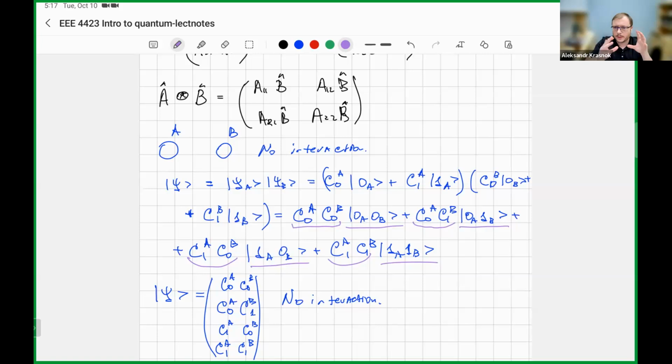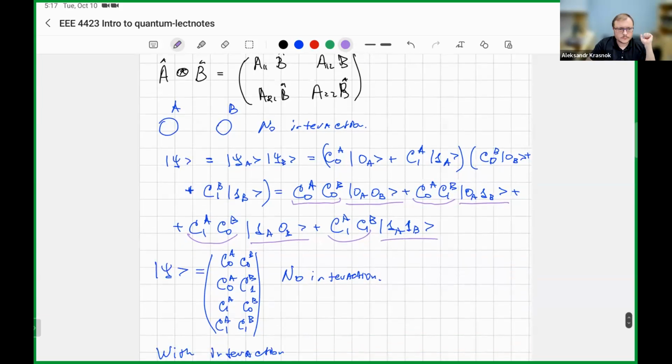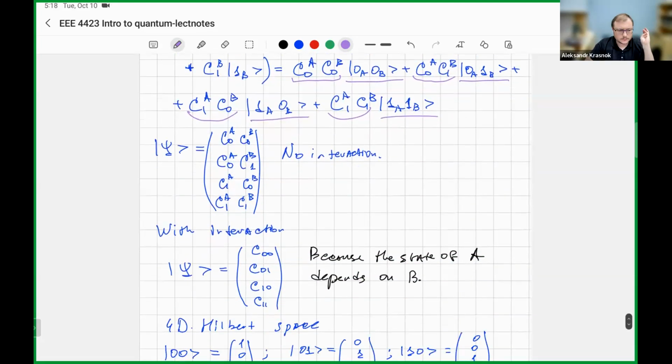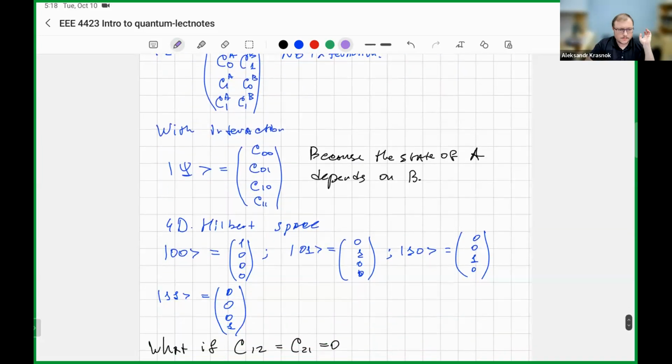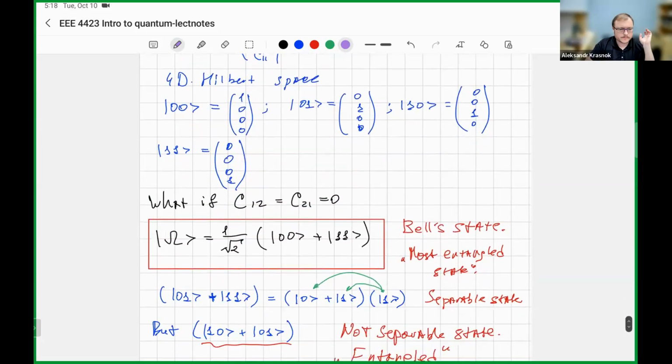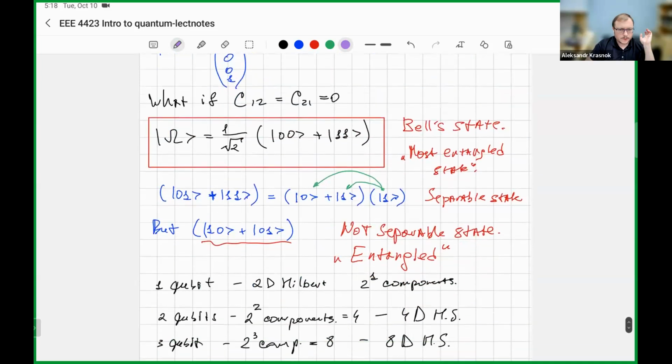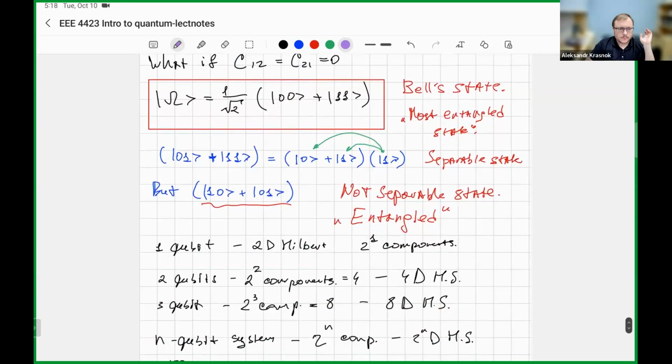Of course, all the operators are generalized also through this tensor product from 2 by 2 operators. They can be generalized to 4 by 4 for two-qubit systems, etc. We mentioned this Bell state.